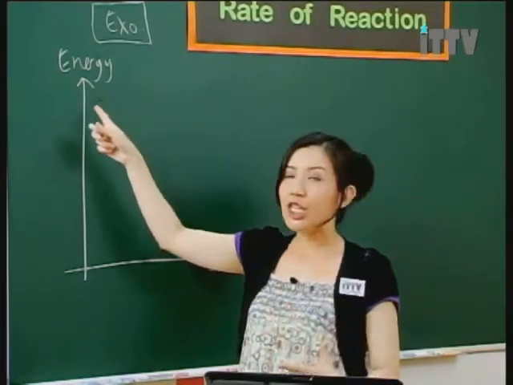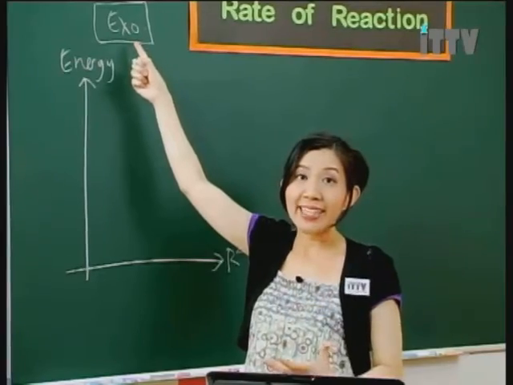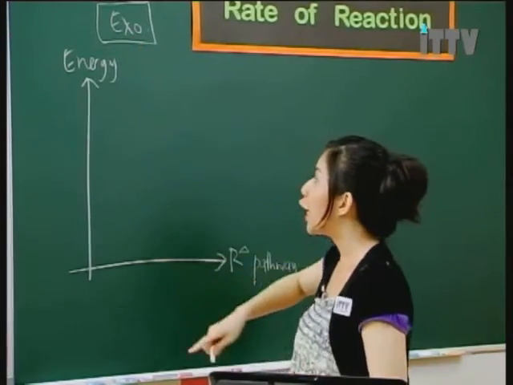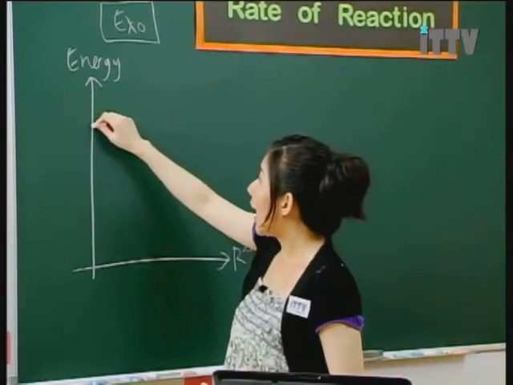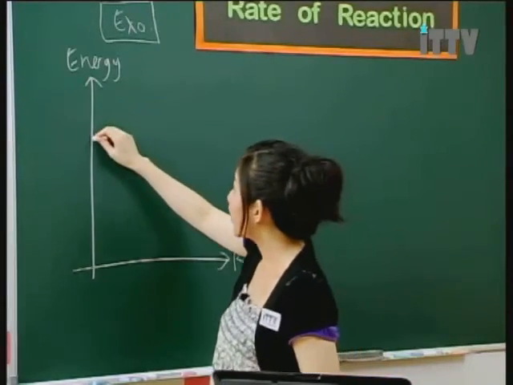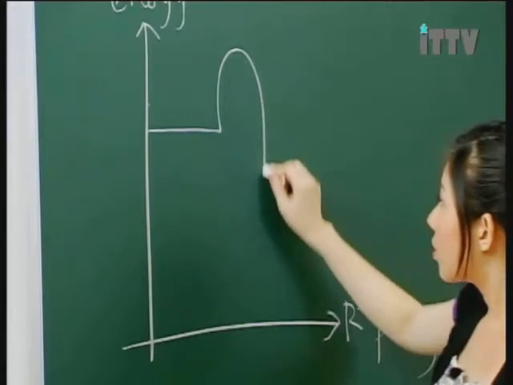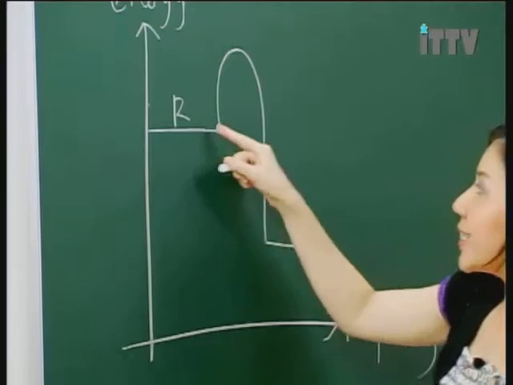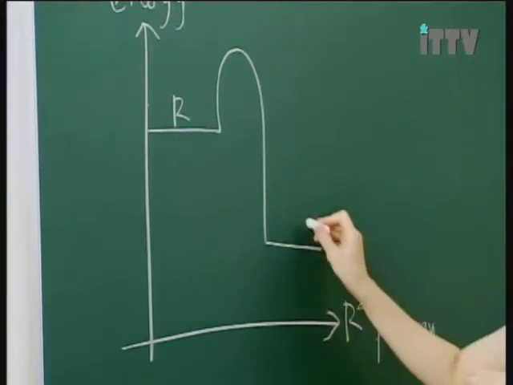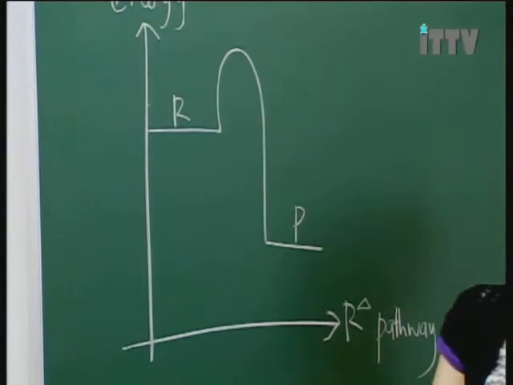A typical energy profile diagram to represent exothermic reaction pathway would show that the reactants are at a higher energy level than the products. So something like that, whereby the reactants, they are at a higher energy level than the products.